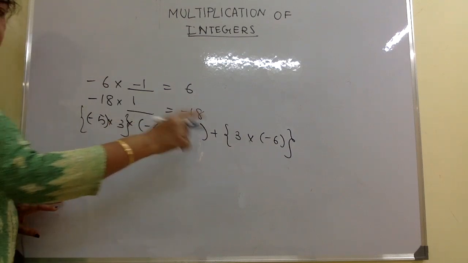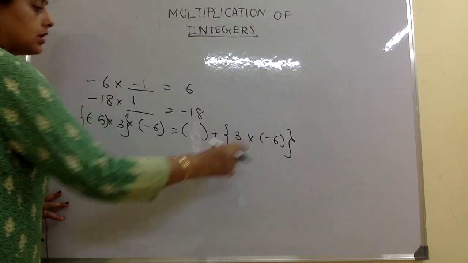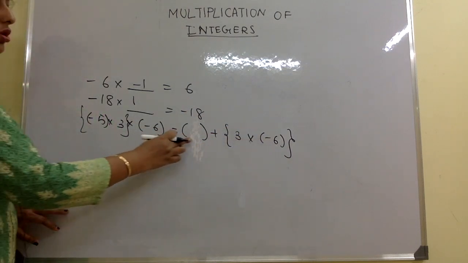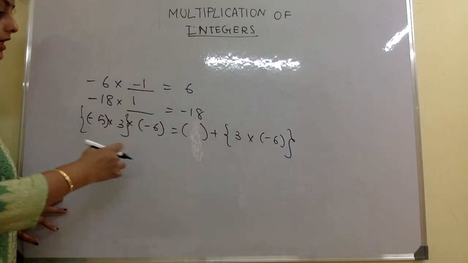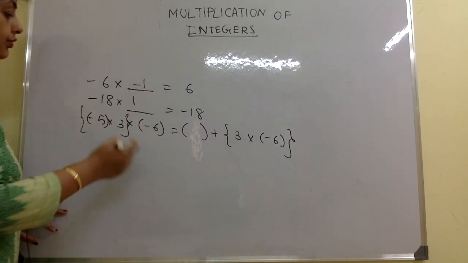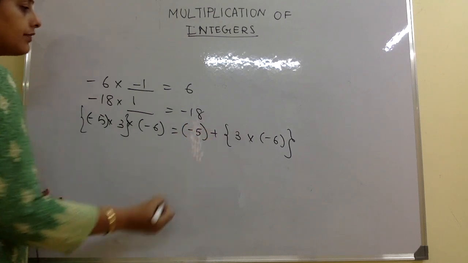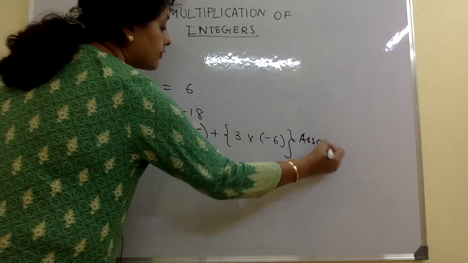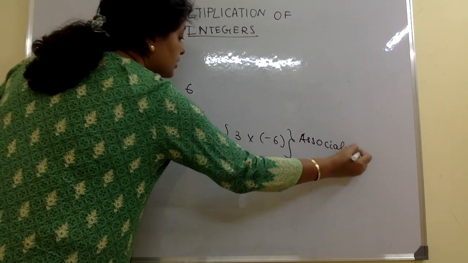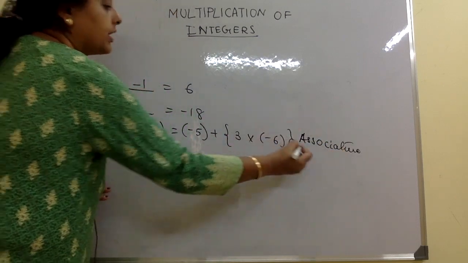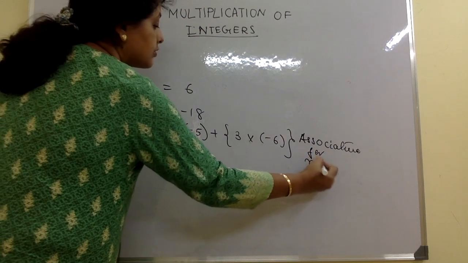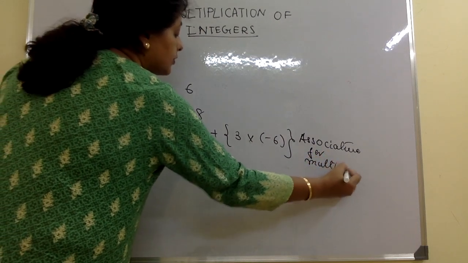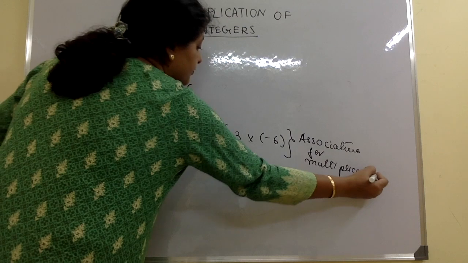Note that since we are using negative numbers, we are using the bracket here. So what should we write in this blank and which property is it? We have to write here a minus 5 and the property that we used is the associative property for multiplication, right?